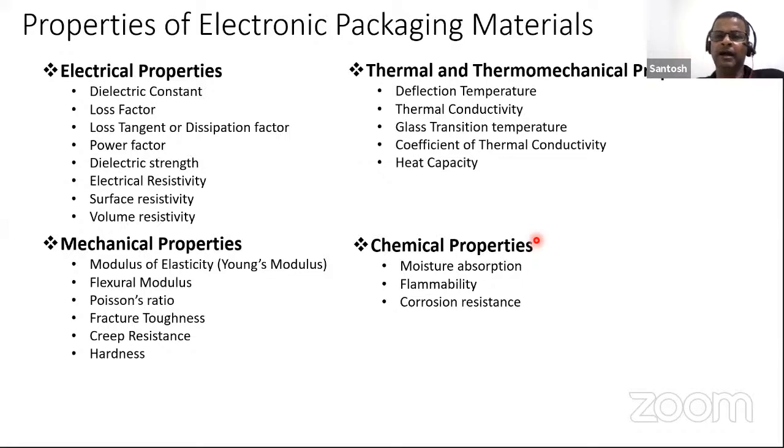So there is no one set of properties that works for all. It depends on the type of package, the type of application, and eventually these materials need to be tuned, tailor-made to meet those objectives, meeting the material requirement before going for final packaging.